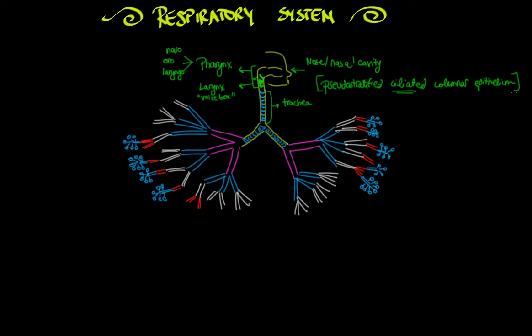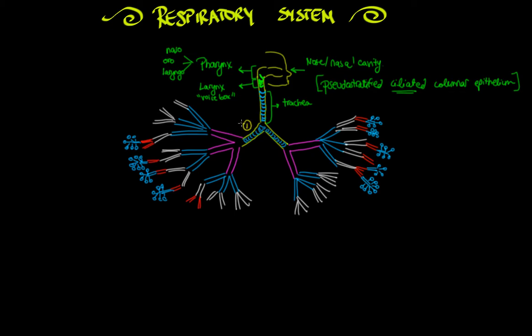All right, next up, as soon as air passes through the trachea, you'll notice it splits into two divisions. Each of those divisions is what we call a primary bronchus, or main bronchus. I'm going to start numbering them.